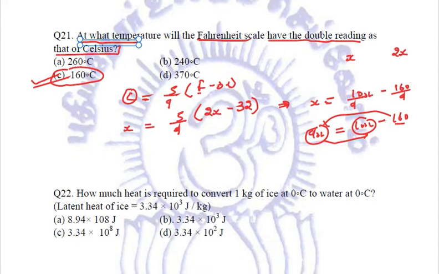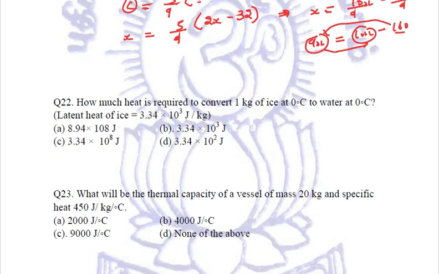How much heat is required to convert 1 kilogram of ice at 0 degrees to water at 0 degrees? Given to us is the latent heat of ice, 3.34 into 10 to the power 3 joule per kg. Now, we know that the amount of heat is calculated by the formula M into L, where M is the mass and L is the latent heat.